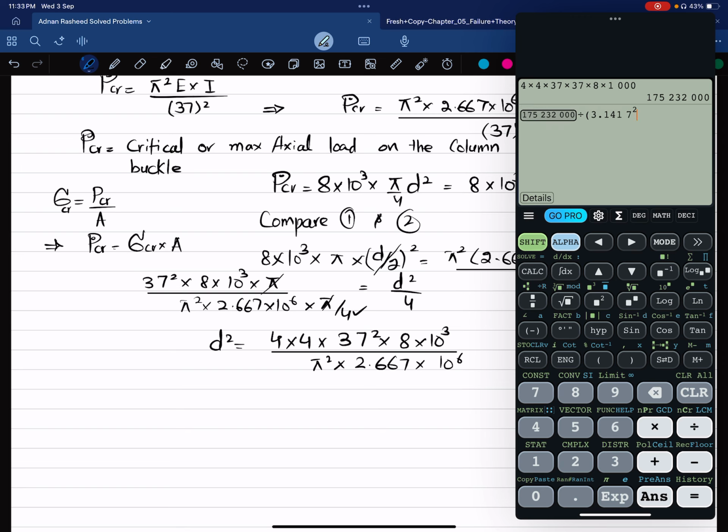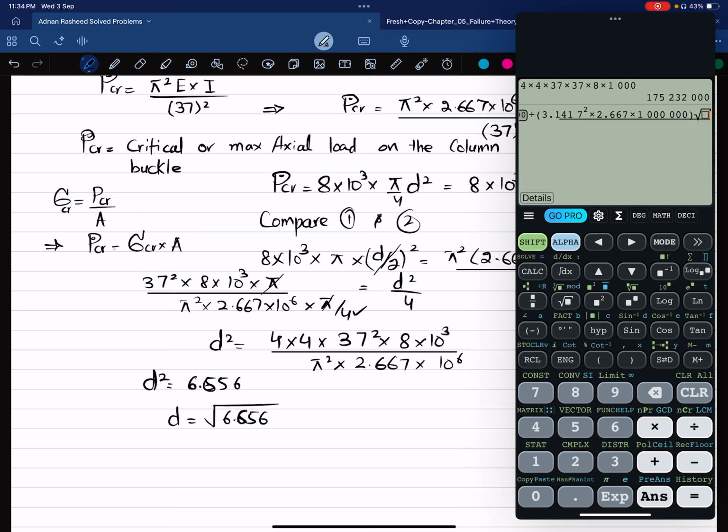So 4 multiplied by 4 multiplied by 37 multiplied by 37 multiplied by 8 multiplied by 1000, divided by 3.1417 square multiplied by 2.667 multiplied by 10 raised to power 6. When you solve this, d square is equal to 6.656. So d will be equal to the square root of 6.656.